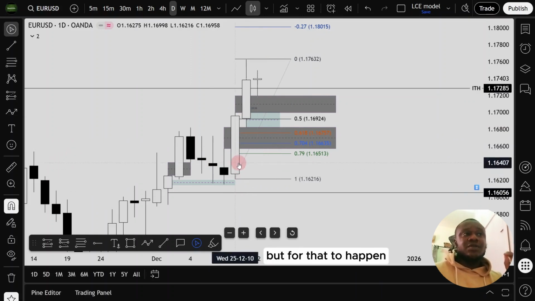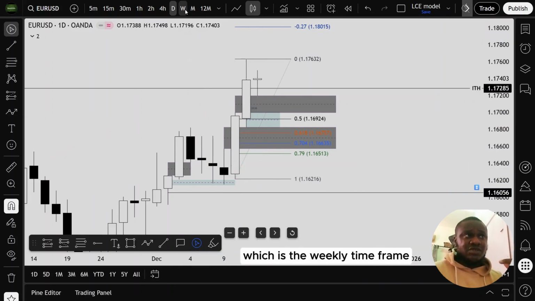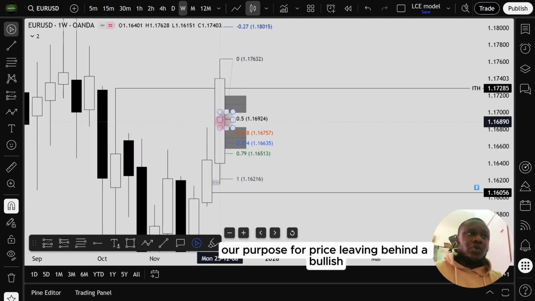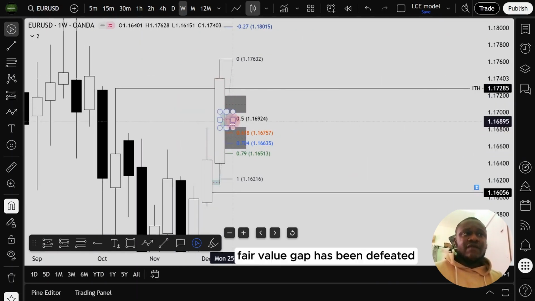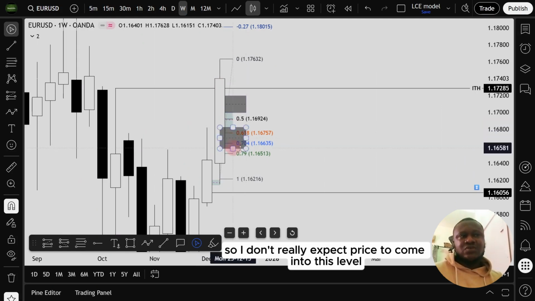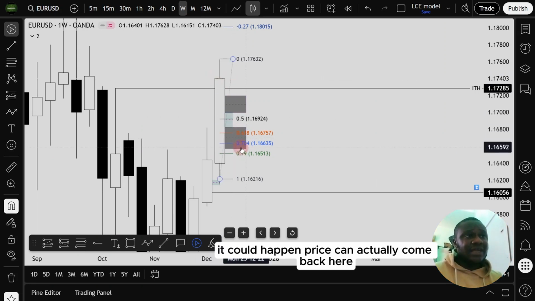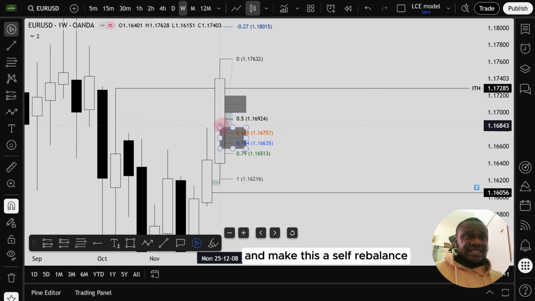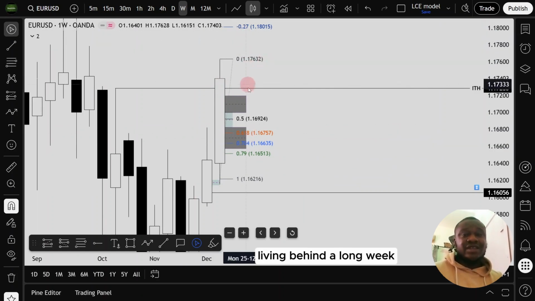But for that to happen, that means on the higher time frame, which is the weekly time frame, our purpose for price leaving behind a bullish fair value gap has been defeated. So I don't really expect price to come into this level. It could happen. Price can actually come back here and make this a self rebalance, a total rebalance of the entire candle, and then buy up very strongly, leaving behind a long wick.